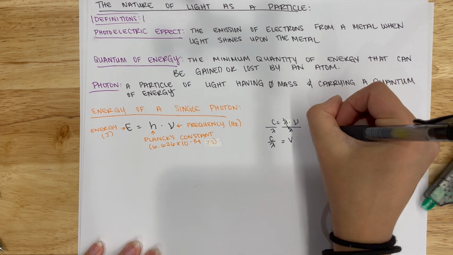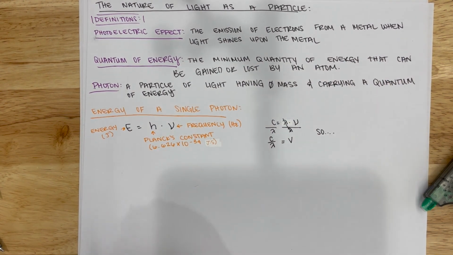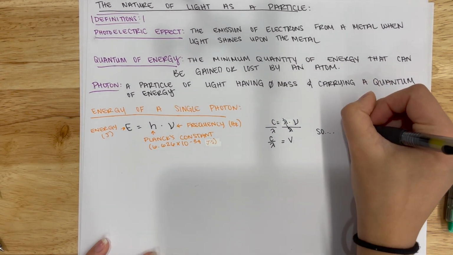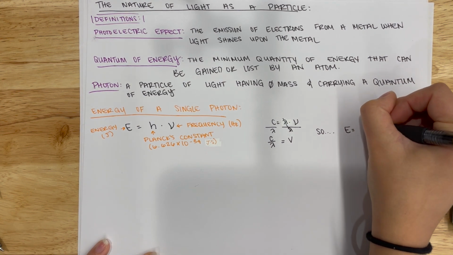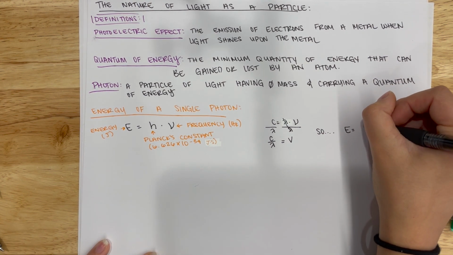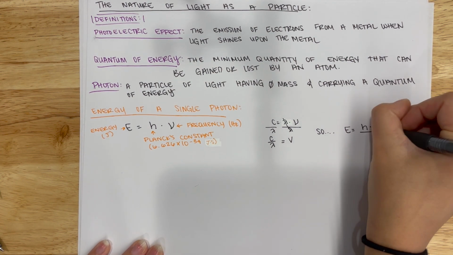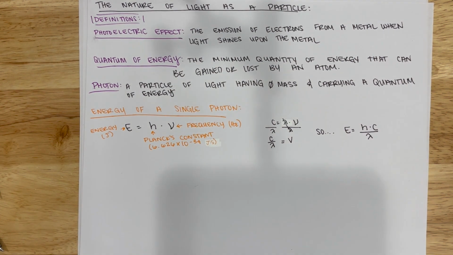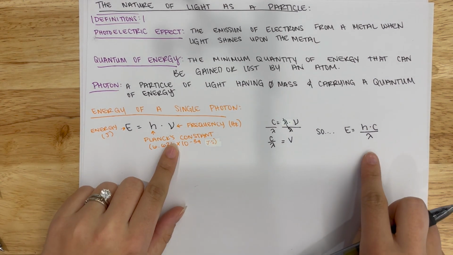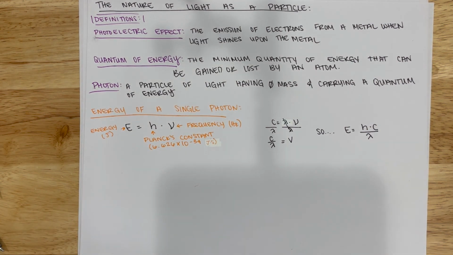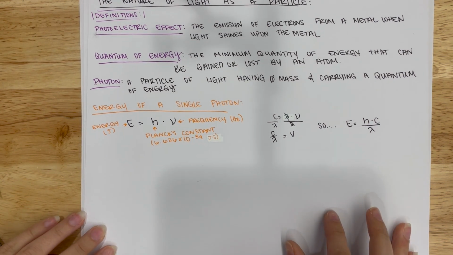So we could also rewrite this equation as energy is equal to Planck's constant multiplied by the speed of light divided by wavelength. So we have two equations that we can use to calculate energy.